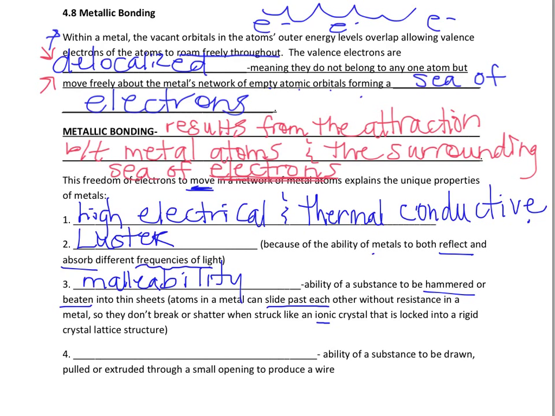And our last one is related to malleability. It is called ductility. And this is the ability of a substance to be drawn, pulled, or extruded through a small opening to produce a wire, which makes sense as the most common usage of many of our metallic substances is in our wiring, in all of our electronics in our homes.